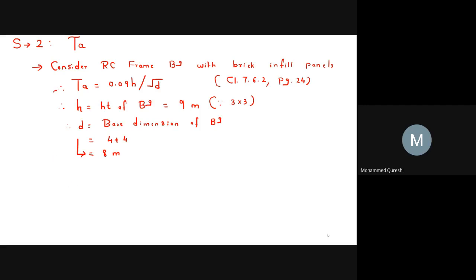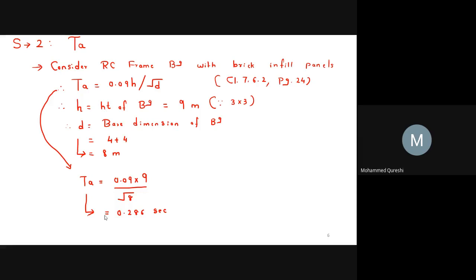Therefore, fundamental natural period TA equals 0.09 into H, which is 9, upon D, that is under root of 8. So you will get 0.286 seconds. So here we achieve the value of fundamental natural period, that is TA.